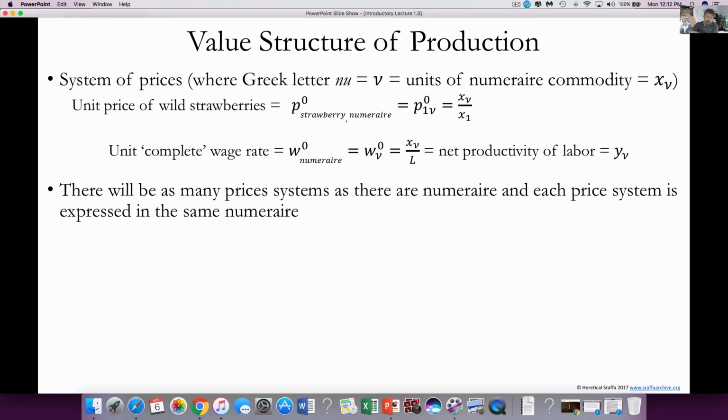Similarly, with labor as a numeraire, you're going to have the labor value or the labor price of wild strawberries, and you're going to have the labor value of labor. The labor value of wild strawberries is going to be equal to so many units of labor per wild strawberry, and the labor value of labor is going to be so many units of labor per unit labor.